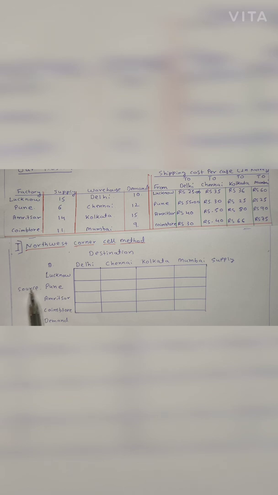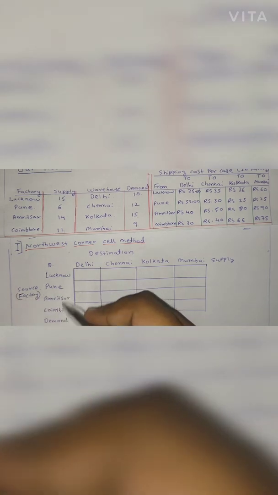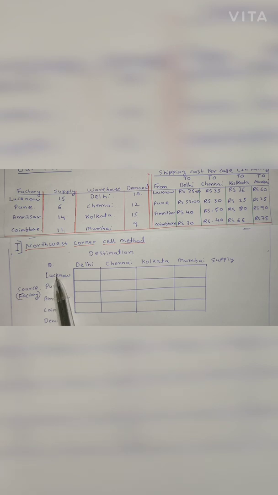So the source will be your factory. Accordingly we have written the factory names over here: Lucknow, Pune, Amritsar, and Coimbatore. These are the four locations where your factories are located. So this is your source factory.